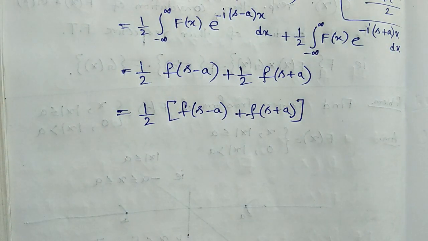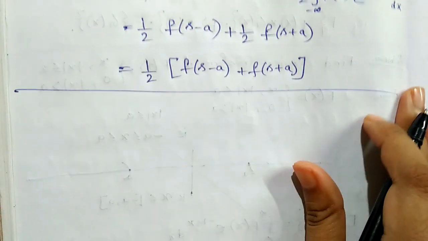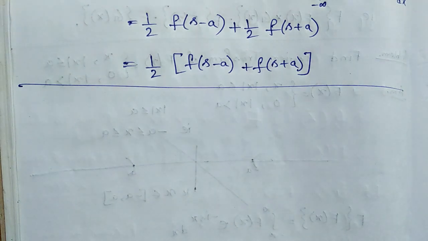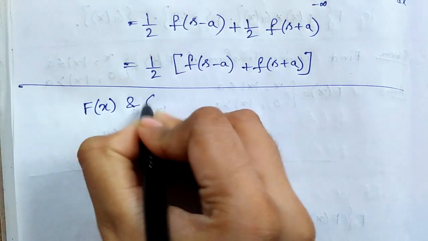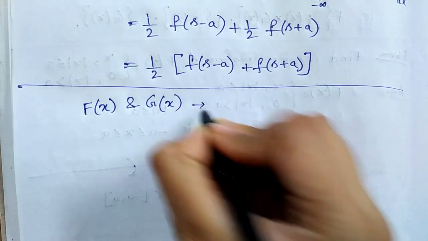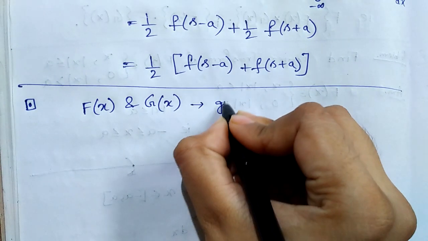Next we come to the convolution theorem. Before starting the convolution theorem, we first discuss what the convolution of two functions is. Suppose f(x) and g(x) are two given functions.